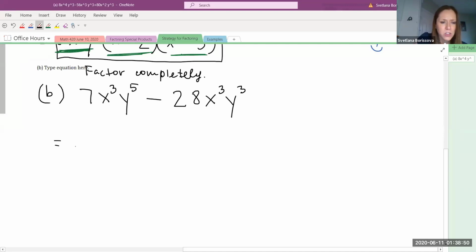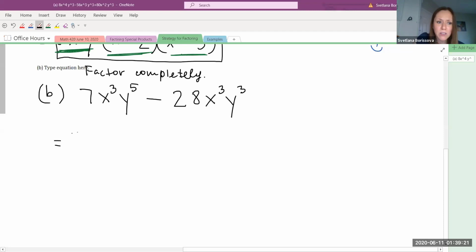So what will be the GCF for this expression? We have numbers 7 and 28. Would it be -7? Technically, we could factor out -7. I would suggest for the GCF to just keep it positive whenever possible, unless it would ruin something later on.